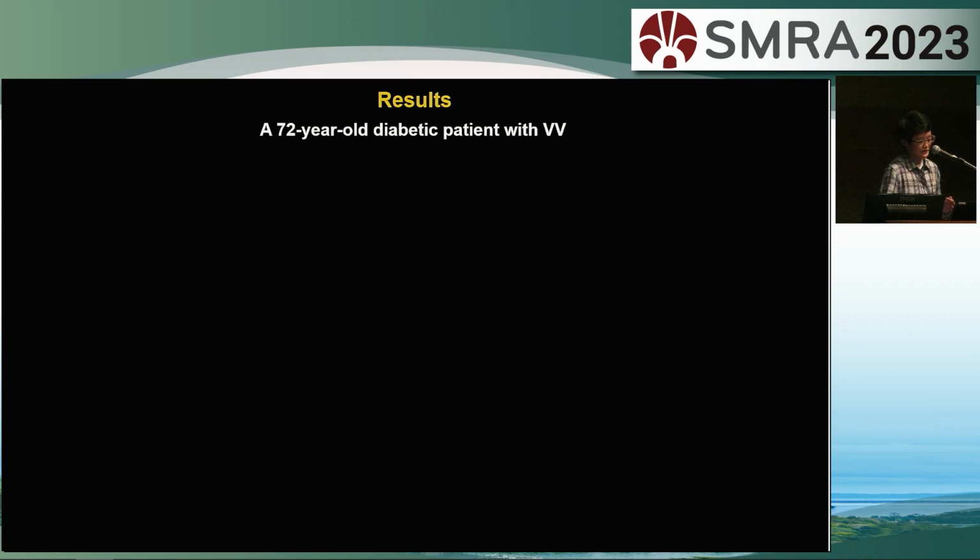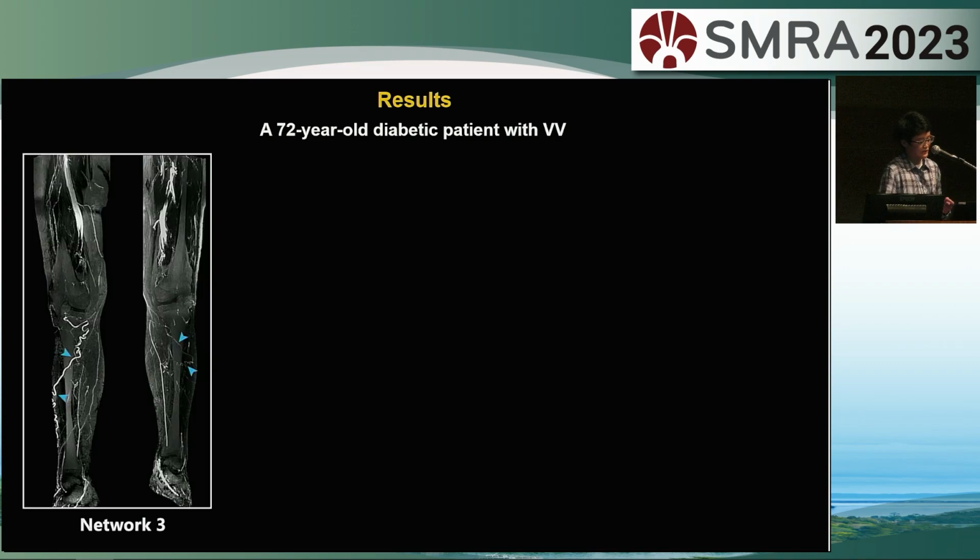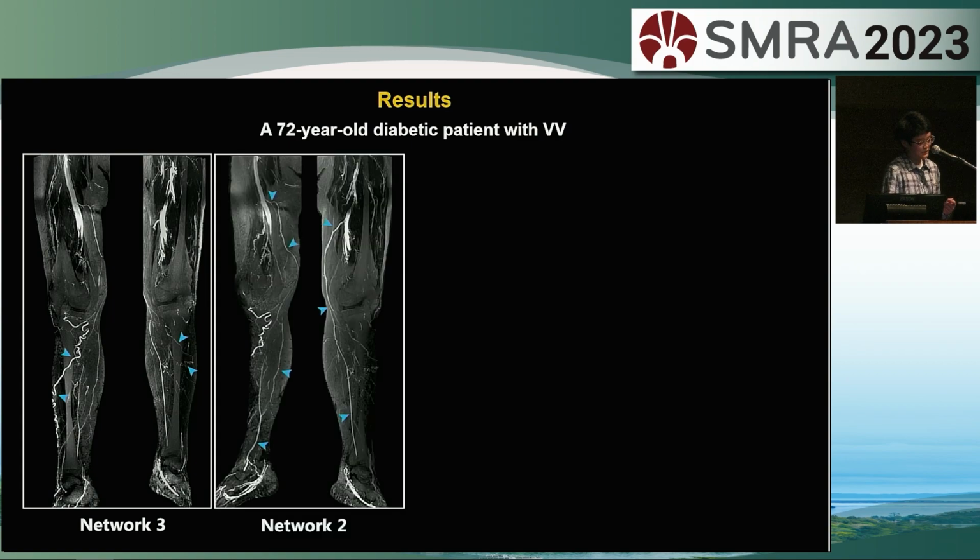And this slide shows varmoxolid-enhanced derived venous networks of a patient with varicose veins, and the lesions appear in network 3. And we can also see the great saphenous veins and the perforating veins in the left leg.